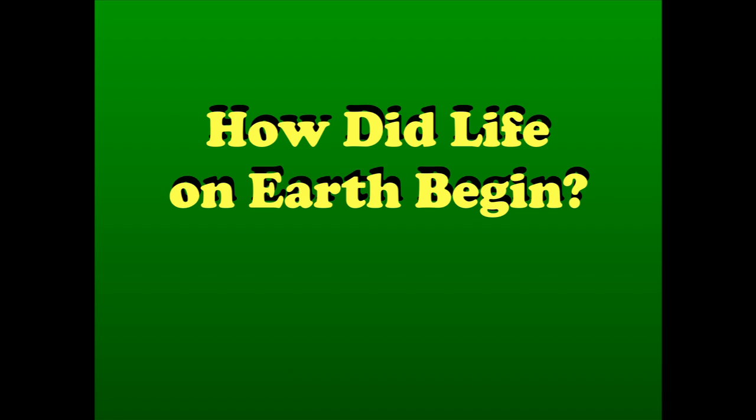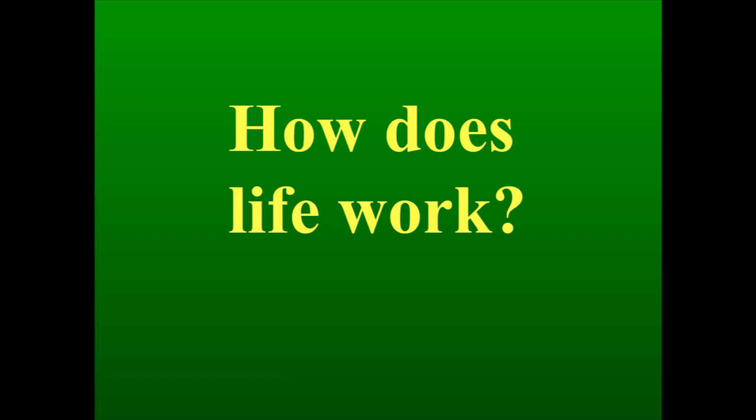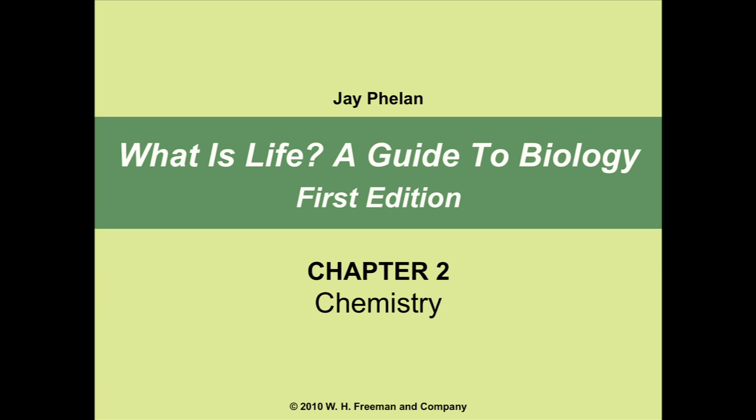But how did this all begin? You look around you and you say, my gosh, this is so complicated. How did all of this start? Did it start here? Is there life on other planets? How long did it take to get like this? And how does it work?